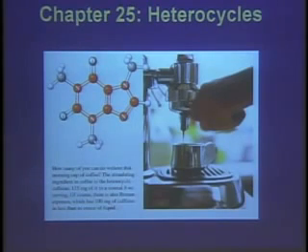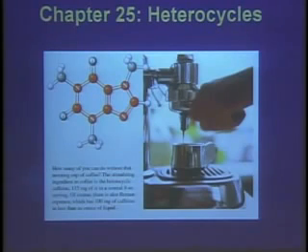And you notice it's got one ring here with 2 nitrogens in it, another ring here with another 2 nitrogens in it, a bunch of double bonds, there's a carbonyl here, and just some methyl groups. Pretty simple molecule. It is somewhat reminiscent of a benzene ring, this ring, except that 2 of the carbons have been replaced by nitrogen, and it's a benzene ring that would have 2 carbonyl functions attached to it.